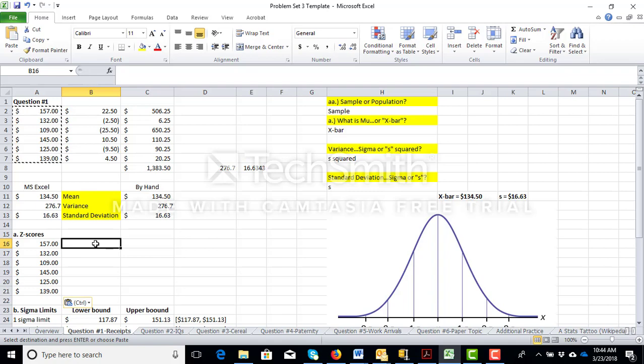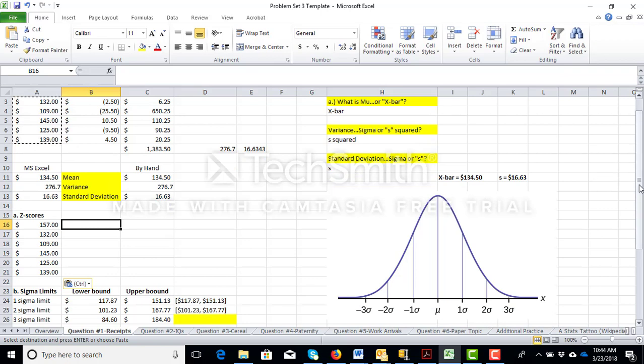What is a z-score? Well, when we talk about z-scores, we're talking really just about how many standard deviations away from the mean a given value is. If I had a receipt that was exactly $134.50, that would be a z-score of 0 because it's exactly 0 standard deviations away from the mean.